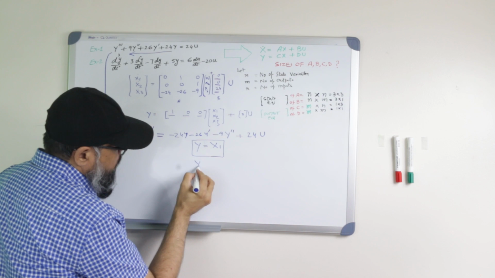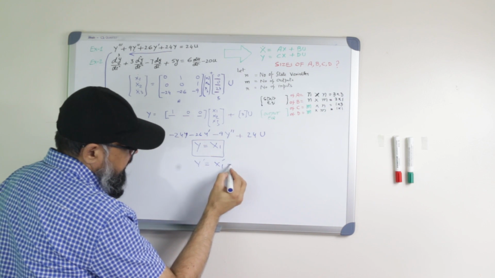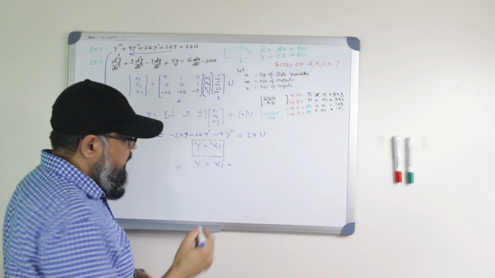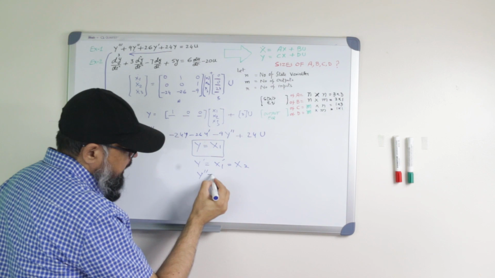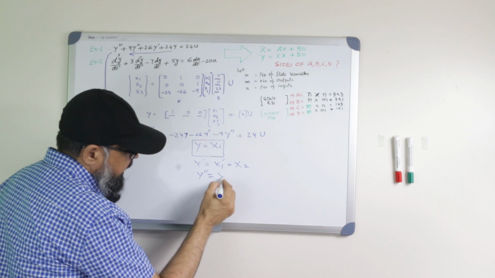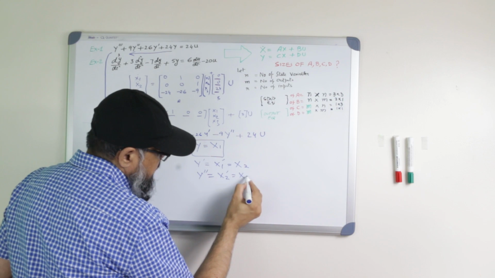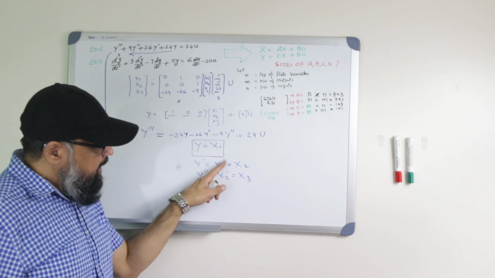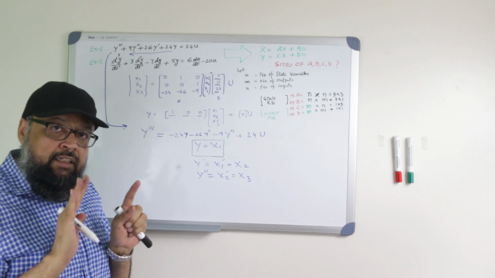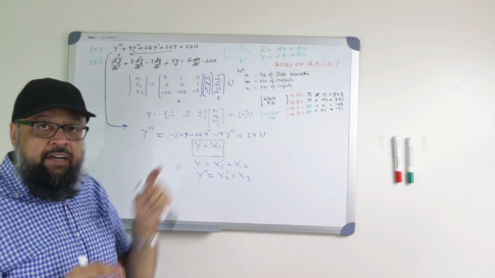So first of all, y dash, which is equal to x1 dash, we take as the next state variable x2. Similarly, y double dash is equal to x2 dash, which is equal to the next state variable x3. And instead of these dashes, in state space, as you can see on the right hand side, we have dots.